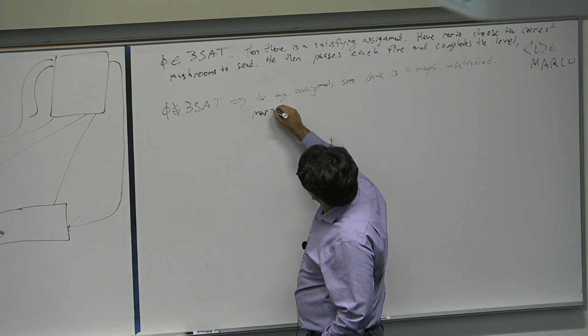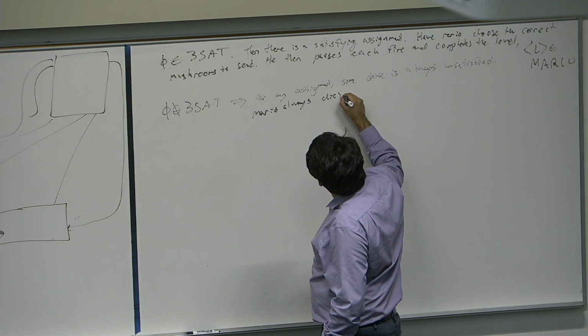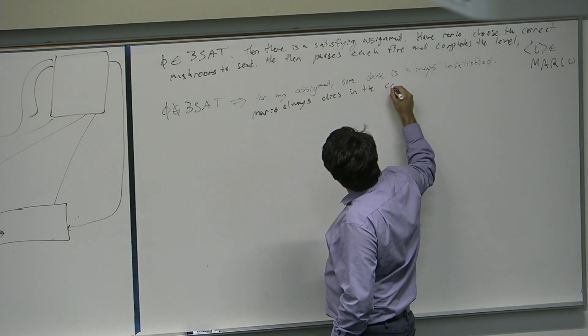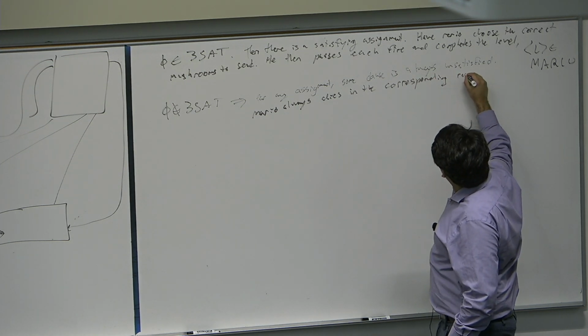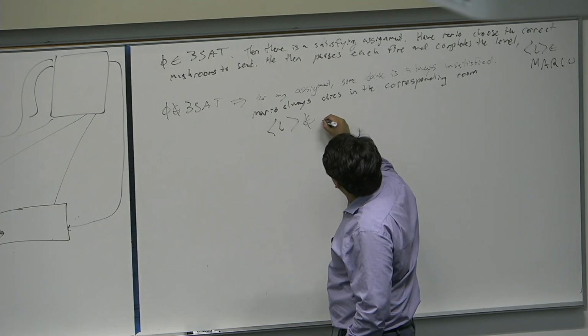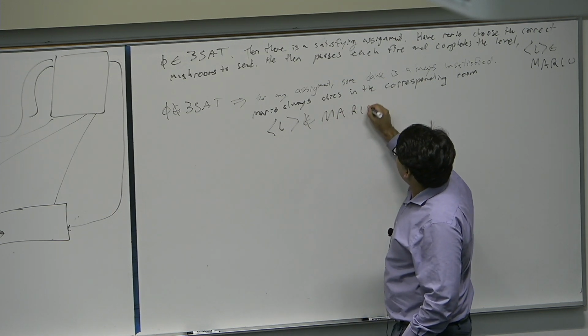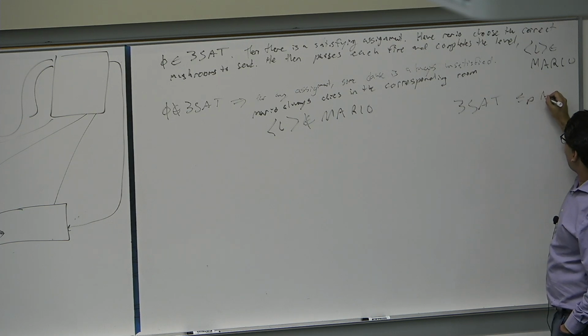Mario always dies in the corresponding room. So the level is unsolvable. This is sufficient for us to show that there's a polynomial time reduction from 3-SAT to Mario. QED.